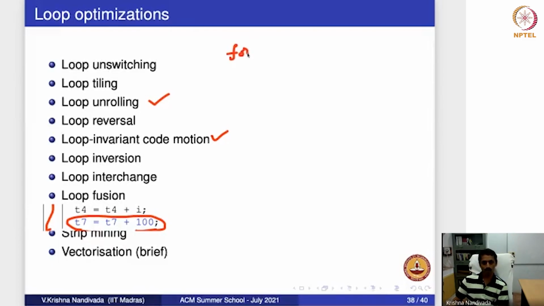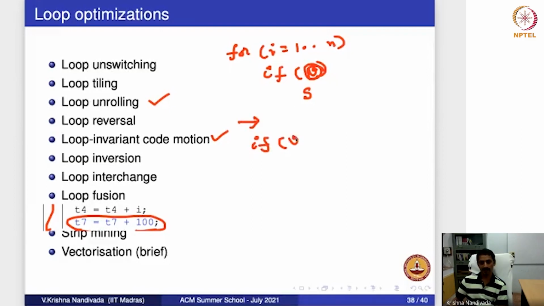Let us say I have a loop that looks like this. Okay? And in this S, the variable V is not modified, or this condition is not changing in the S. You know what I can do? I can take this code and replace it with if V.